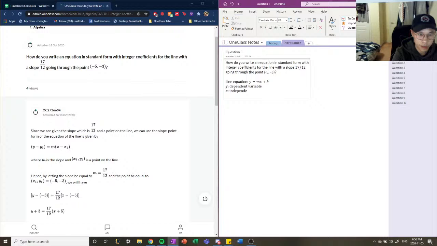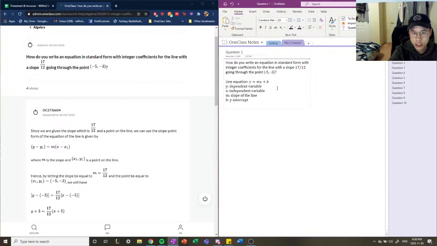So whenever the independent variable changes, the dependent variable will change. The slope, or m, is the slope of the line, so how steep or how not steep it is. And finally, we have the y-intercept, which tells the mathematician where the line intercepts the y-axis of the graph.